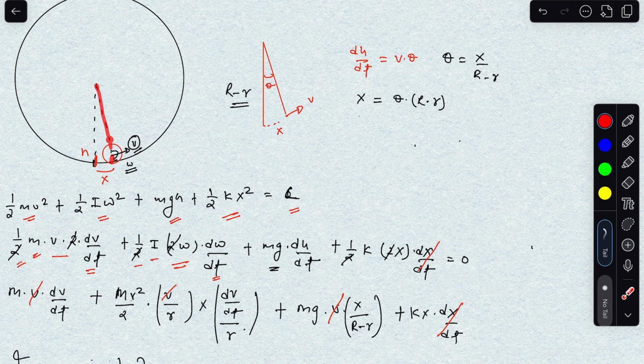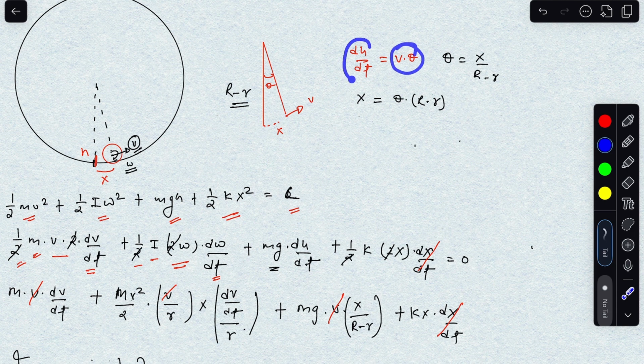As the disk displaces by x, it covers an angle theta. If it is moving with velocity v, the component of velocity in the upward direction is v sin theta, and because theta is very small, it becomes v theta.